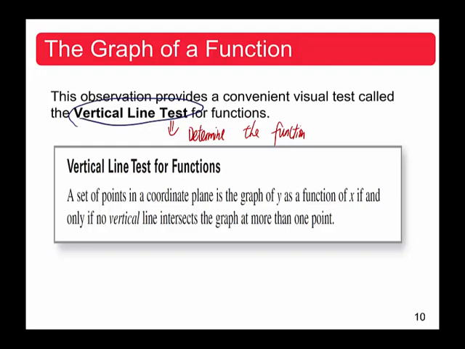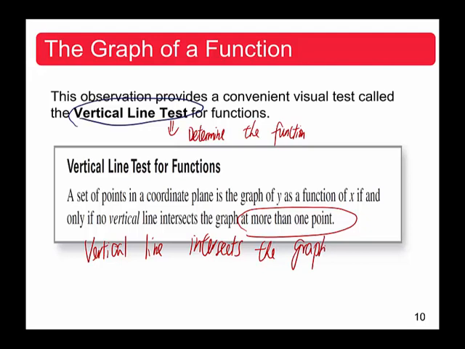It is the graph of y as a function of x if and only if no vertical line intercepts the graph at more than one point, meaning a vertical line can only intercept the graph of the function at most once.